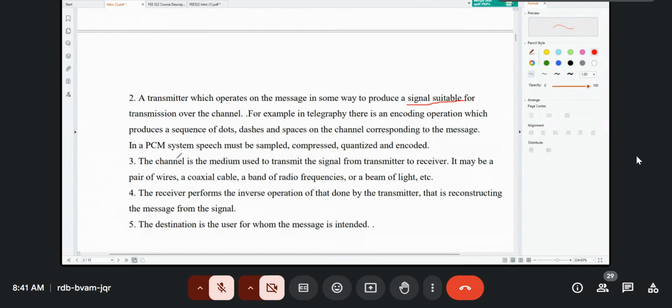In a PCM system, speech must be sampled, compressed, quantized, and encoded. That is not exactly the order. The order is sampled, quantized, encoded, and probably compressed.